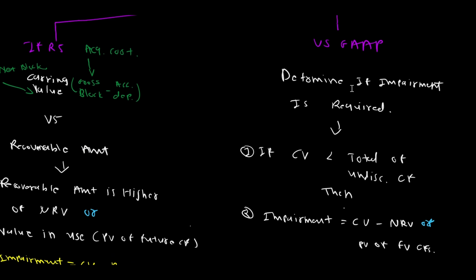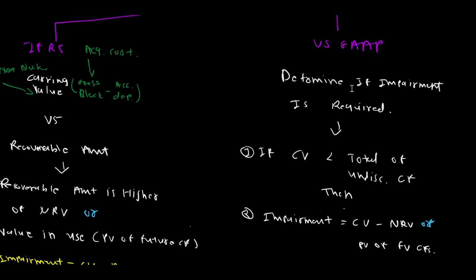In US GAAP, we first ask if impairment is required or not. If required, we check whether the carrying value is less than the total undiscounted cash flow or not.